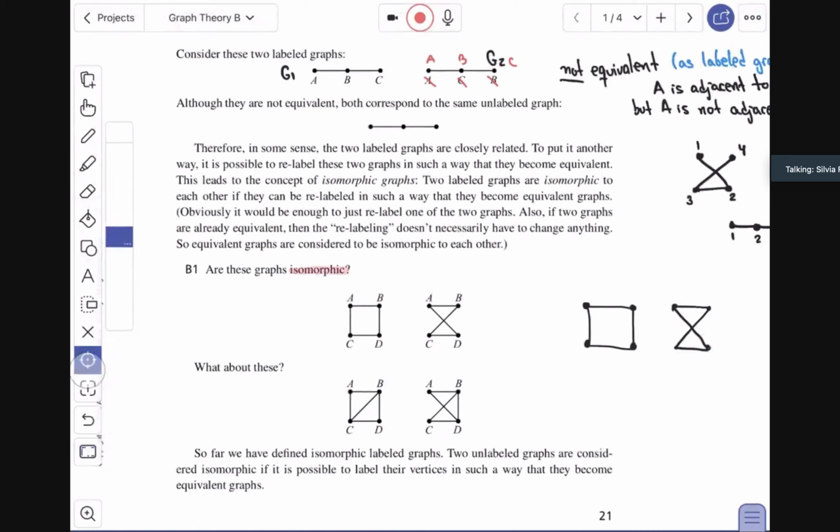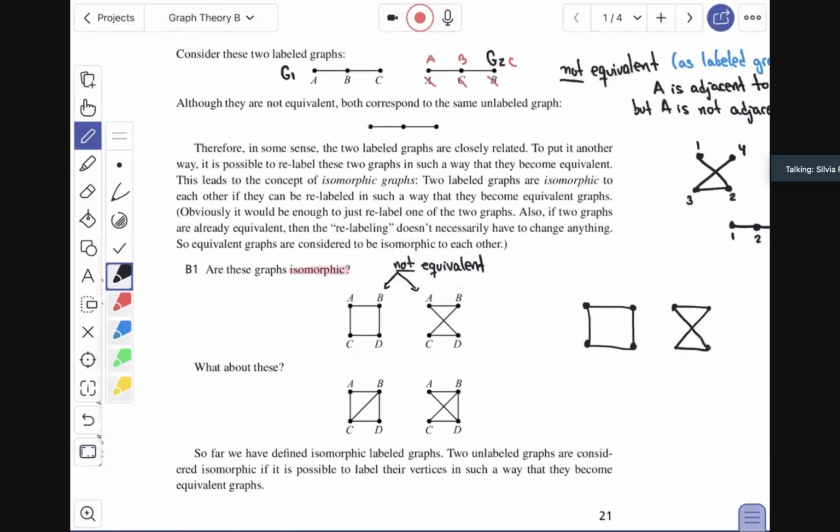Okay, so here I said, many times the labels are misleading. In this case, we actually have exactly the same pairs: A, B, A, B, B. Well, we don't have the same pairs. You see, A, B is there, but then I have B, B, and here I don't have B, B. So you can say that these two are not equivalent with the labels that they gave us, right?